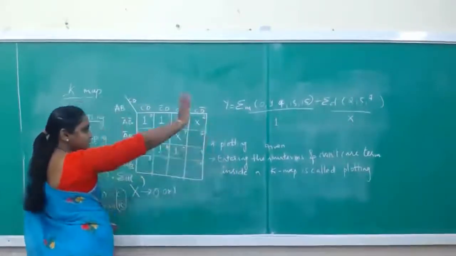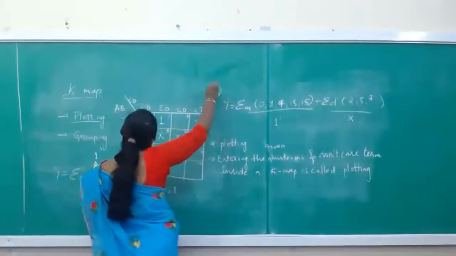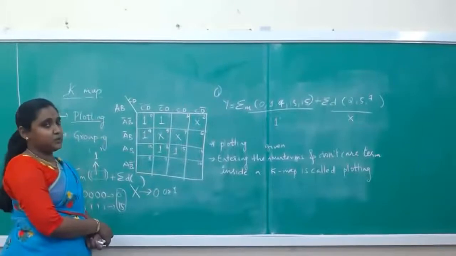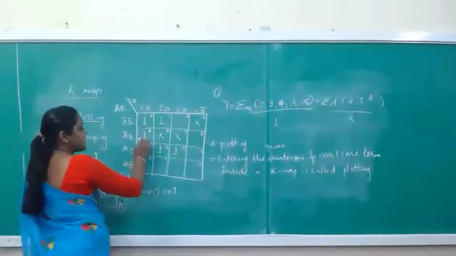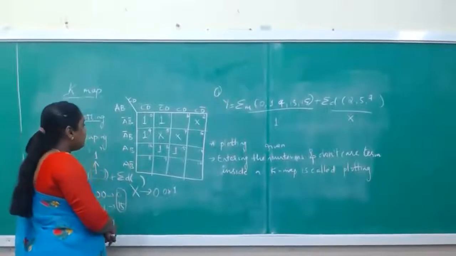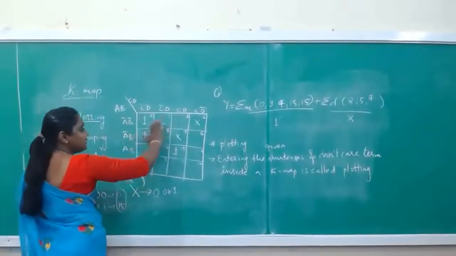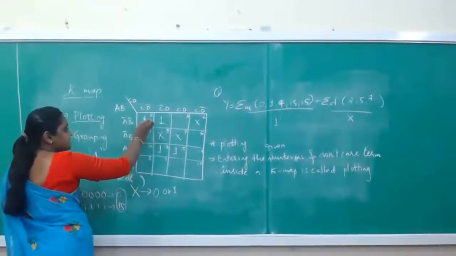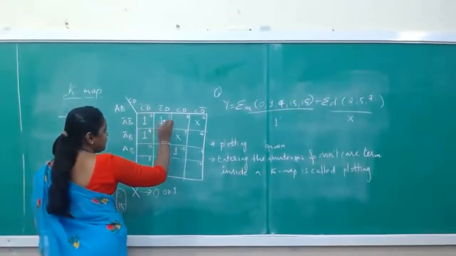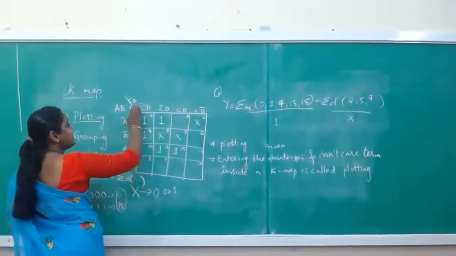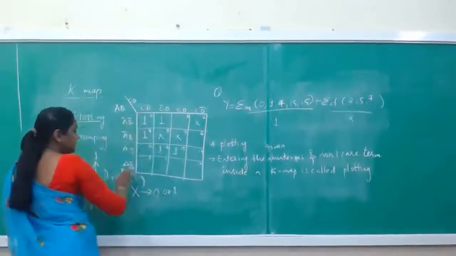That means whatever, this is considered as the first problem. Whatever min terms and don't care terms are given in the particular problem, those have to be entered in the K-map layout, right? Before, what we did, we just drew 16 cells. We numbered each cell 0, 1, 2, 3 and so on. We took the combinations of AB and CD, right?